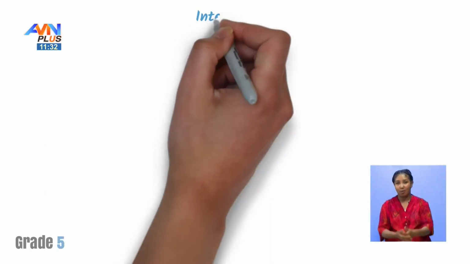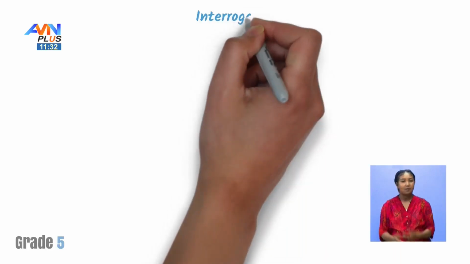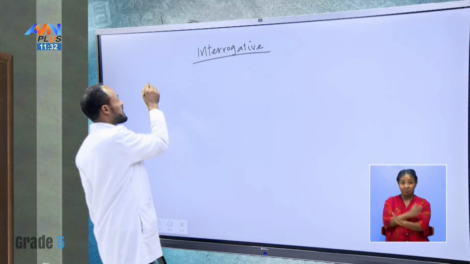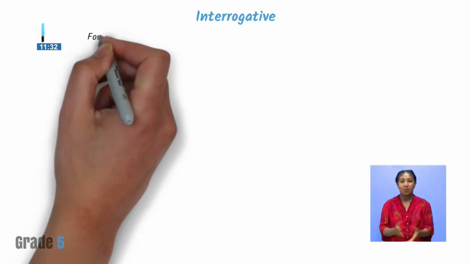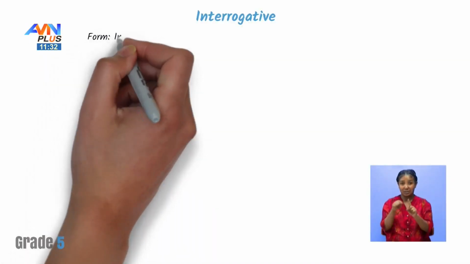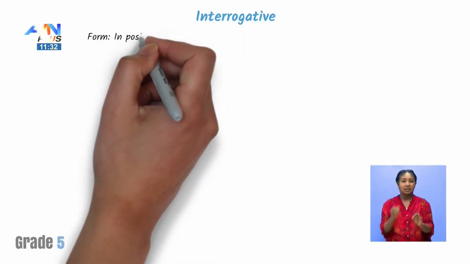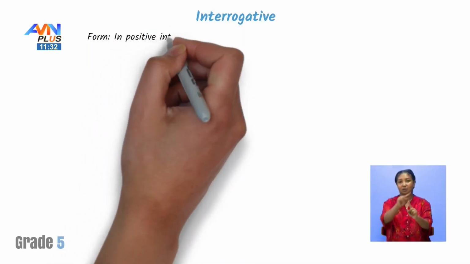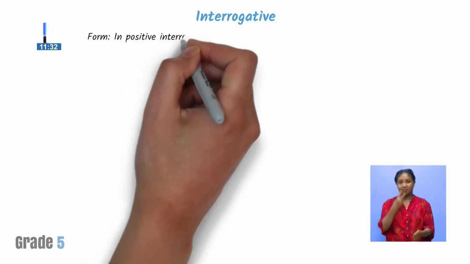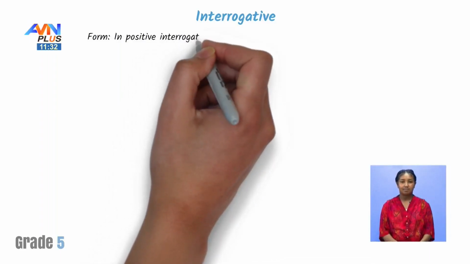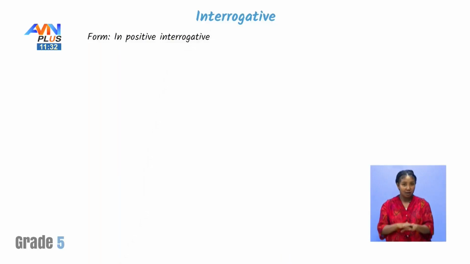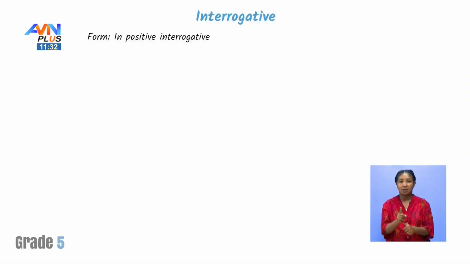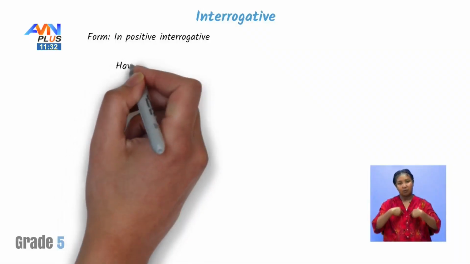Okay? Interrogative is very simple to derive. Yes, as we have said so far, the form is what? In positive interrogative here, we have to start from have or has.